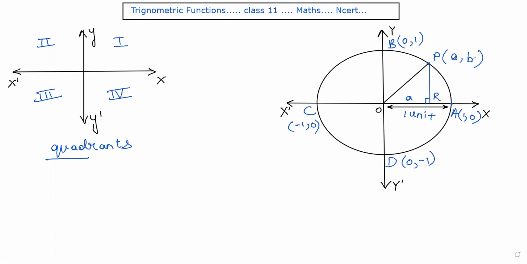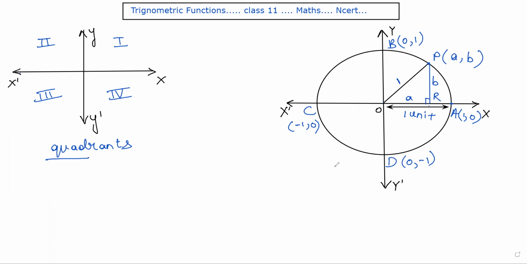The x coordinate is the distance from the y-axis, and the y coordinate is the distance from the x-axis. So this distance is a, and this value will be b. The hypotenuse is 1 unit by assumption.